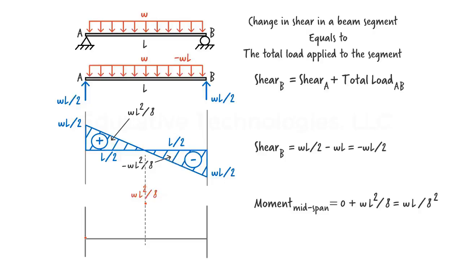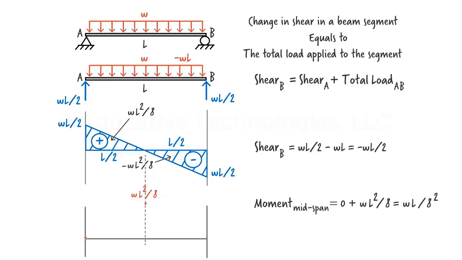Now that we have the moment values at the ends of the segment, we need to connect them using a curve indicating how moment changes within the segment. Similar to the curve representing the shear diagram, the moment diagram curve is polynomial. The degree of this polynomial is 1 higher than that of the shear polynomial.